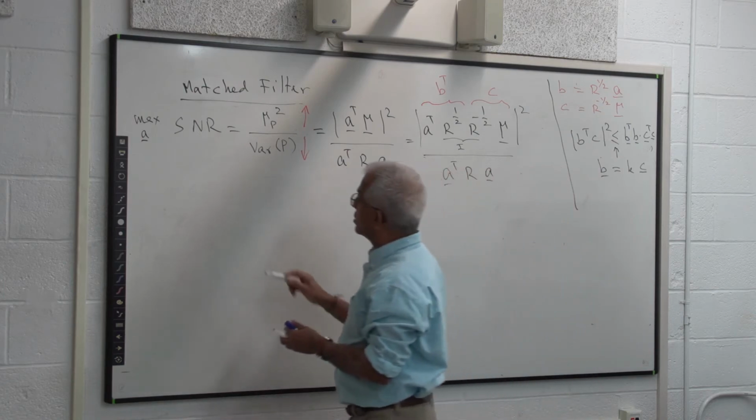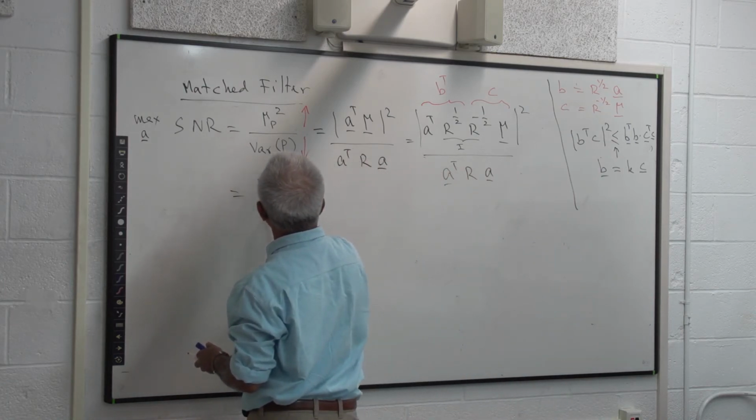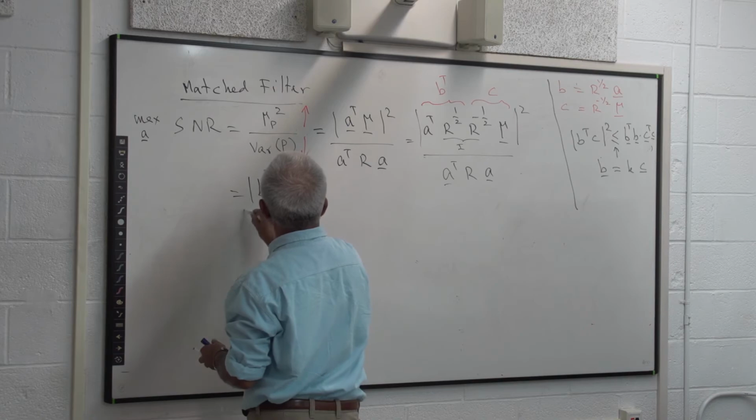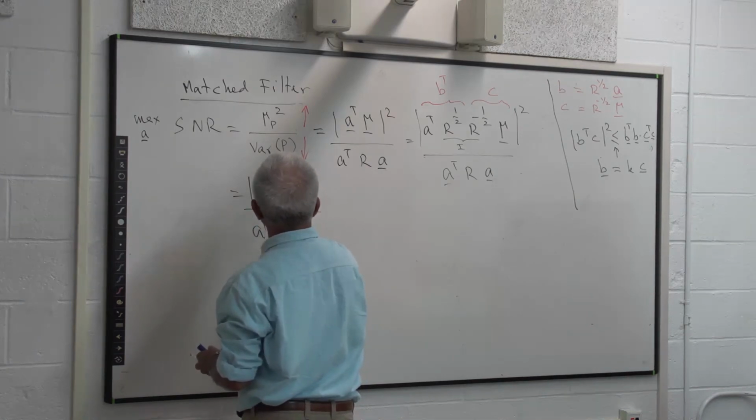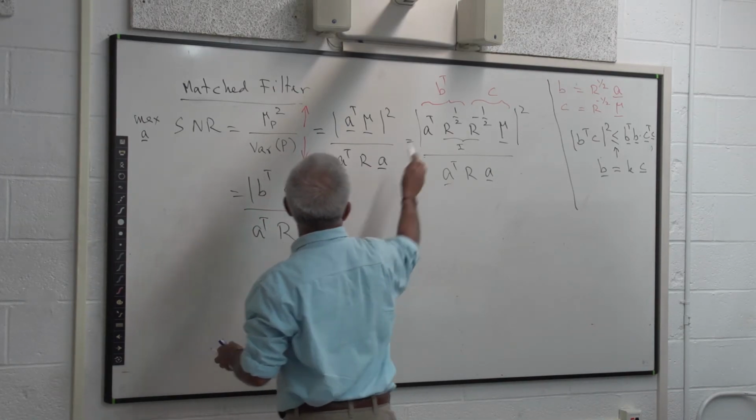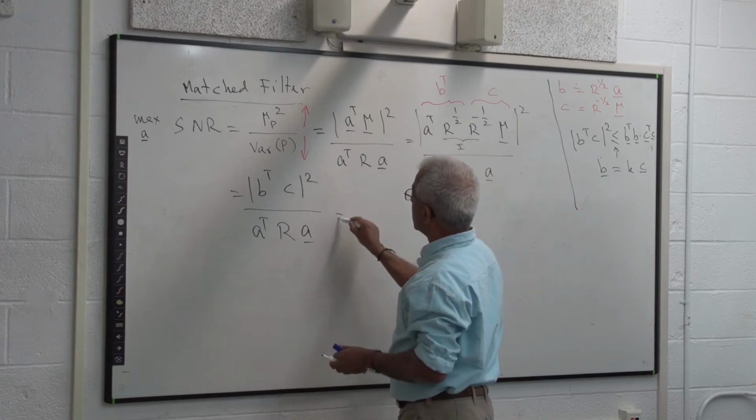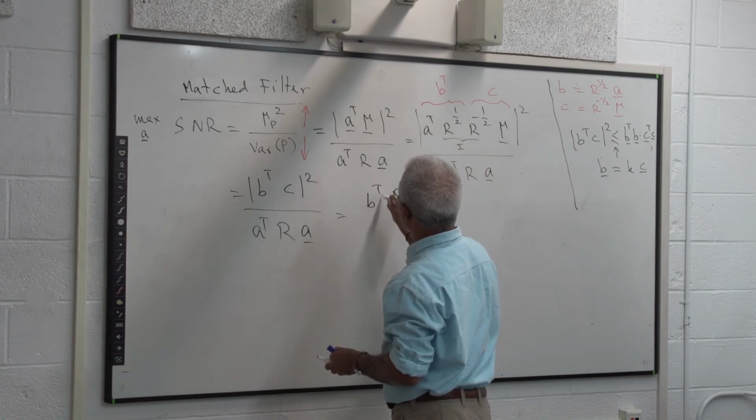So we have B transpose C squared over A transpose R A. You will see why I introduced this term.